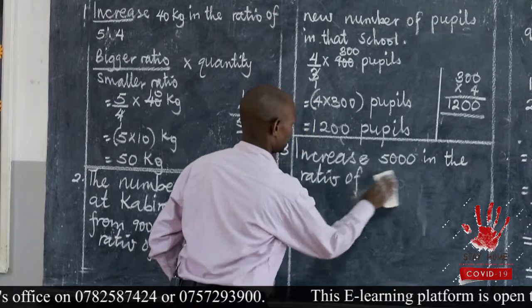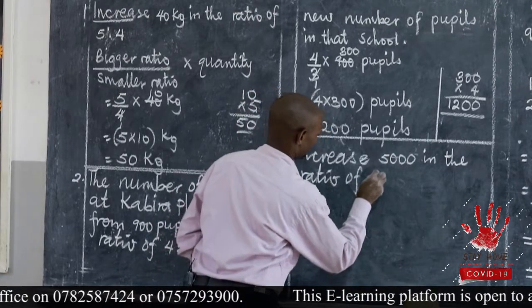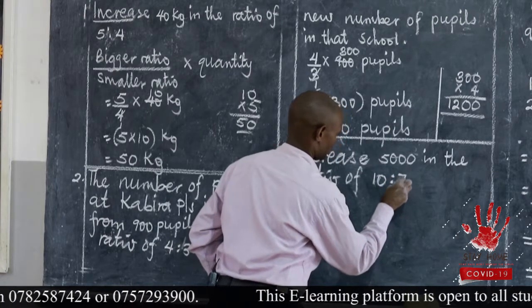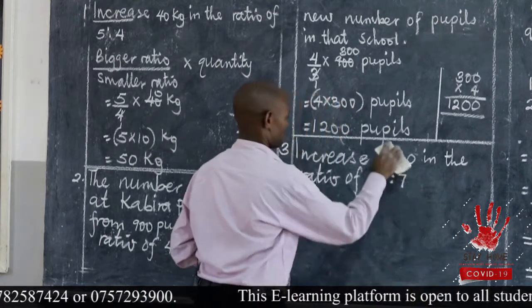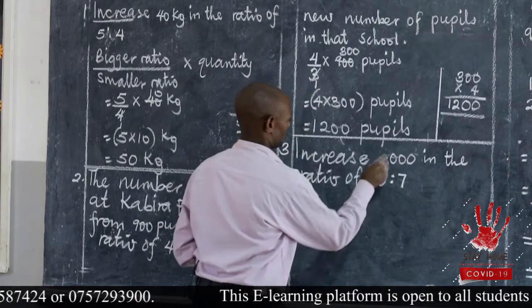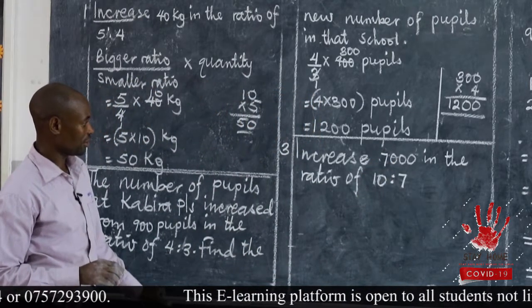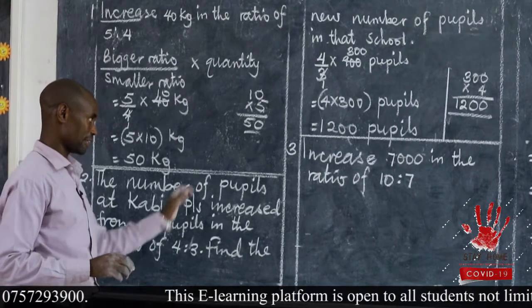There's a mistake here. It is 10 to 7. We are increasing 7,000 in the ratio of 10 to 7.